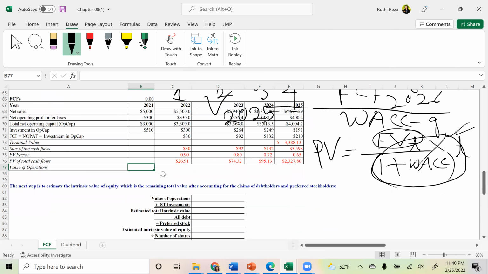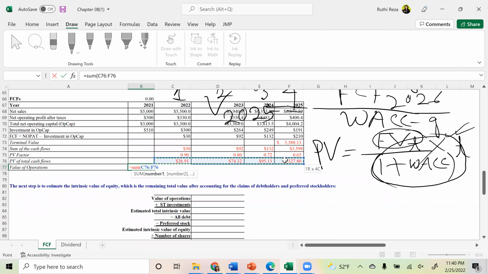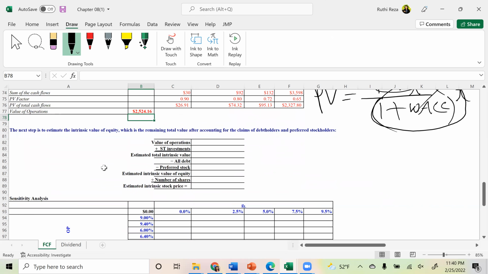Right. Then sum up all the present values. Then you're gonna get value of operations. All right. Then from value of operations, we can get total intrinsic value.